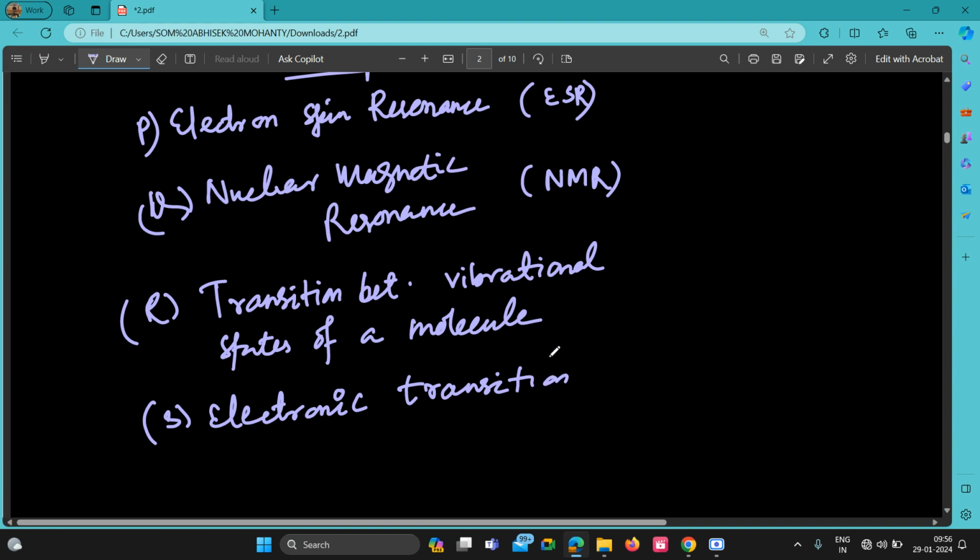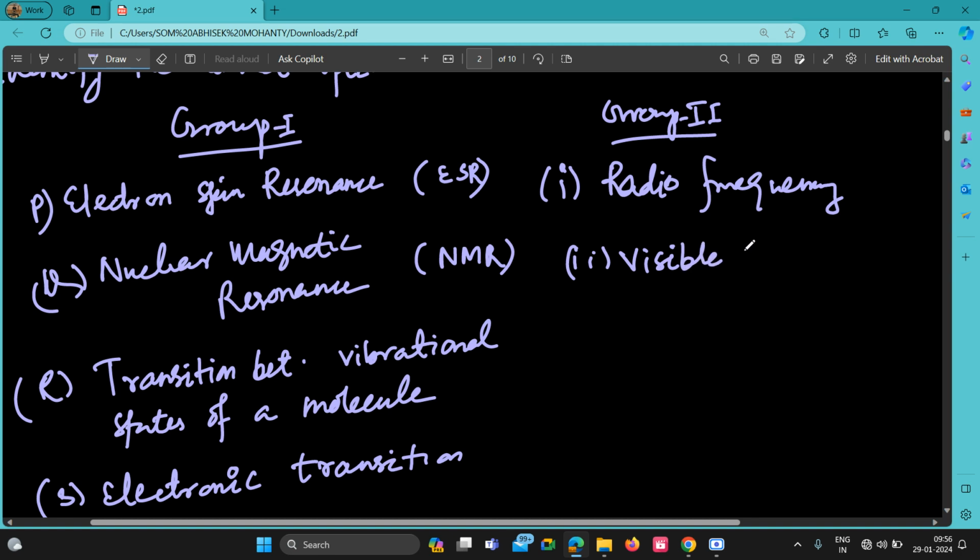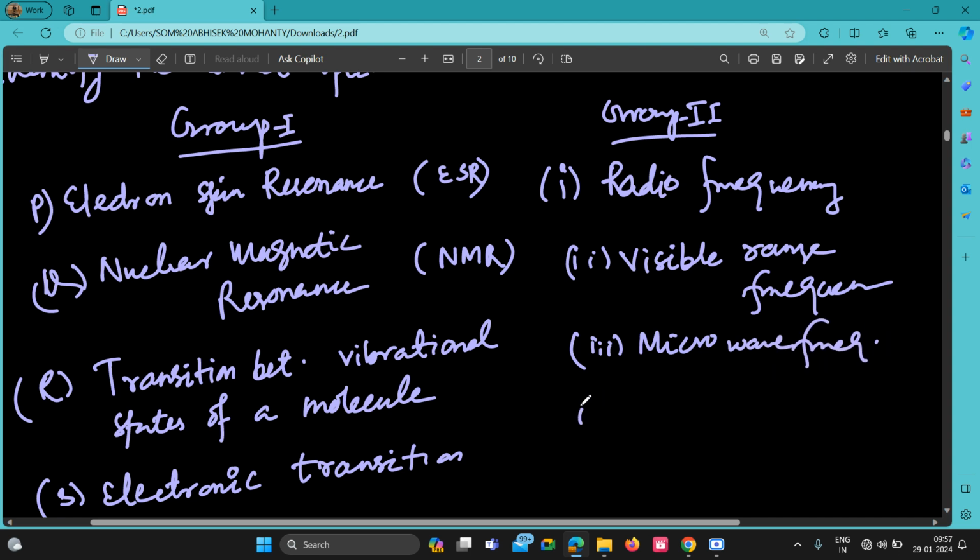On the right side there is radio frequency, visible range frequency, option 3 is microwave frequency, and option 4 is far infrared range.